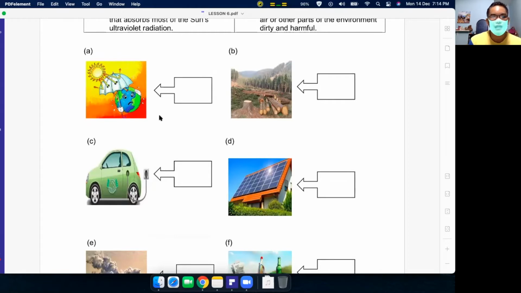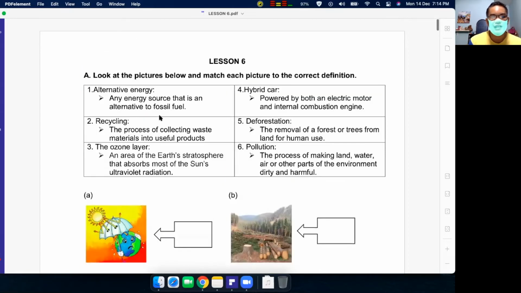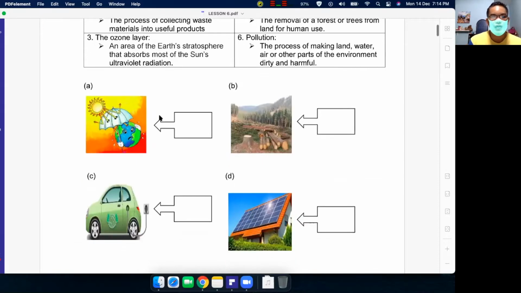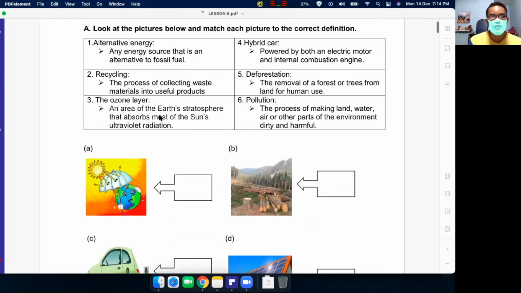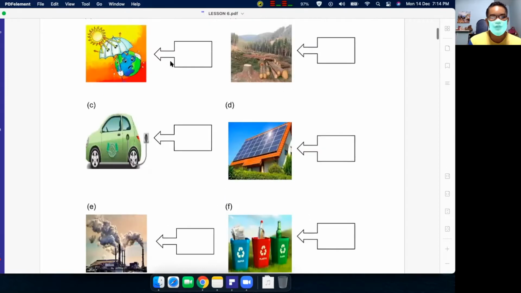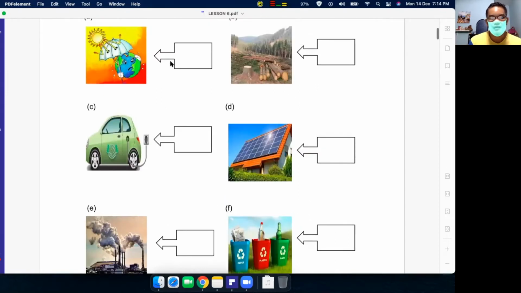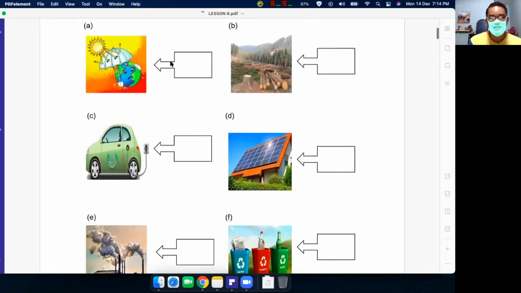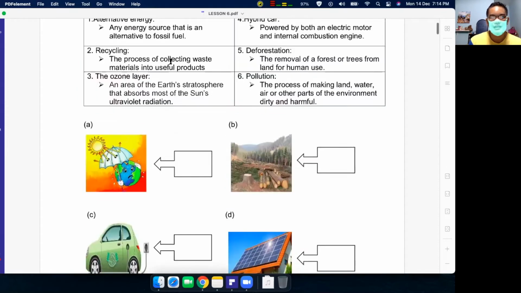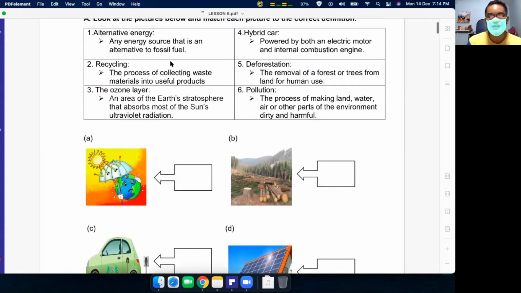Those are the sources of energy that we have from the earth. So those are called fossil fuel. So any energy source that is an alternative, a different one, that doesn't come from the earth. Have you guessed the correct picture? Very good. One hint, it is not from our planet.